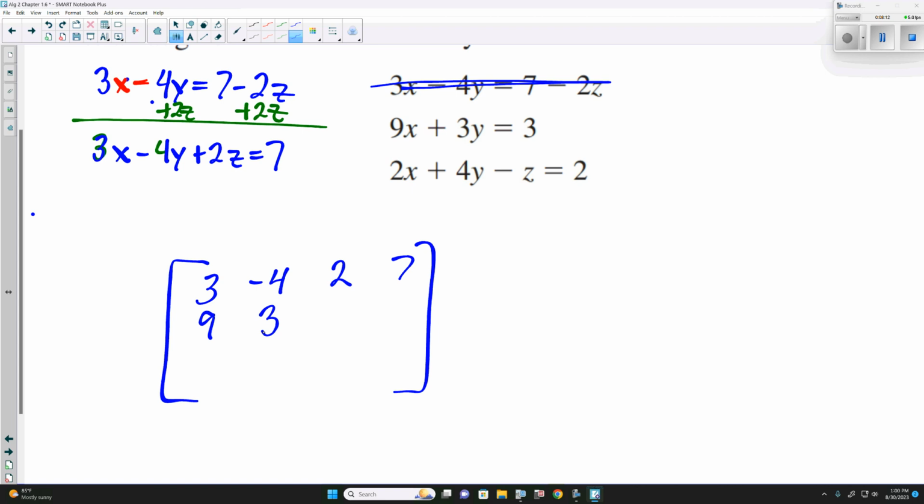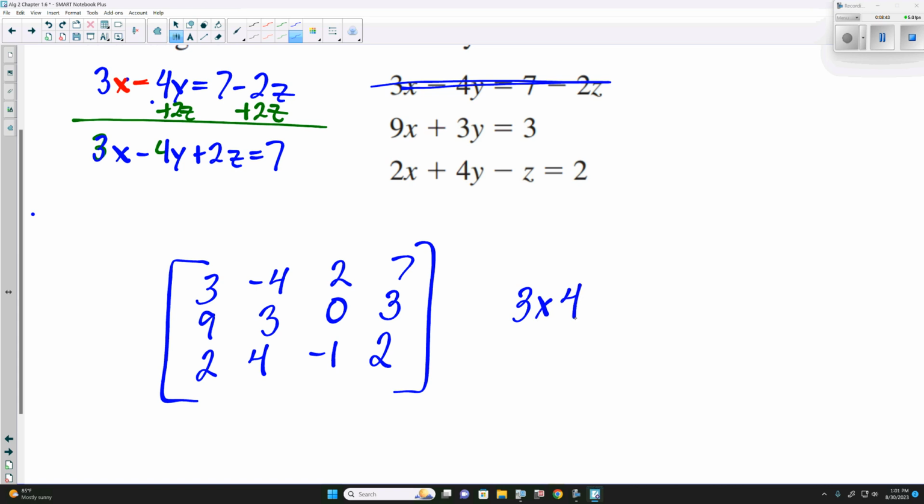It would be 0 because we do not have a z, so we fill it in with a 0. If we have a variable missing in one of the equations, we fill it in with 0. And then this is equal to 3. And the last one would be -1, 2. Oh, oops.